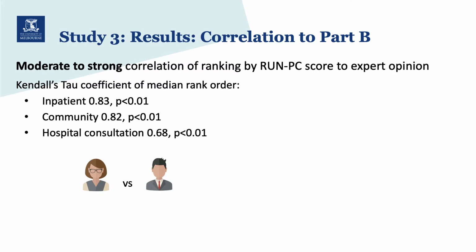And then in part B, the correlation of how the triage tool ranked the patients as compared to the expert opinion was moderate to strong. So not as good in the hospital consultation setting, but in inpatient and community practice, really the tool enabled those less experienced palliative care intake officers to rank patients in a very similar way to how this expert panel would rank them.